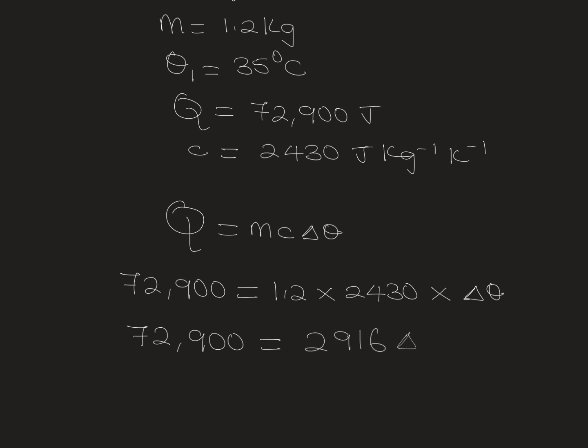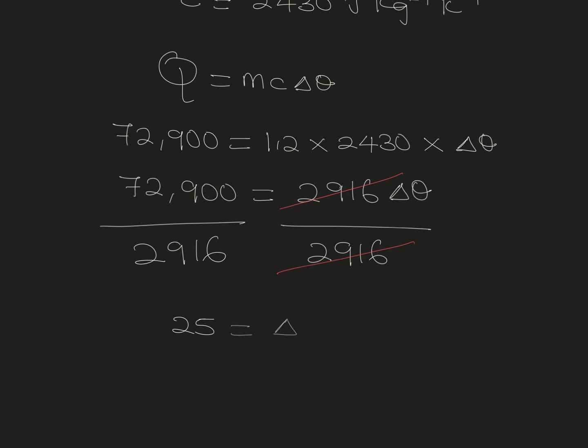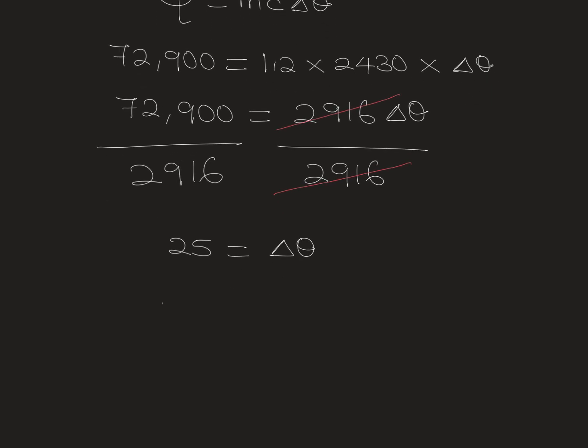So that will be 2,916 delta theta. To find delta theta, we will divide both sides by 2,916. So 2,916 will cancel 2,916. 72,900 divided by 2,916 is 25. So this is equal to delta theta. Therefore, delta theta is equal to 25 degrees Celsius.